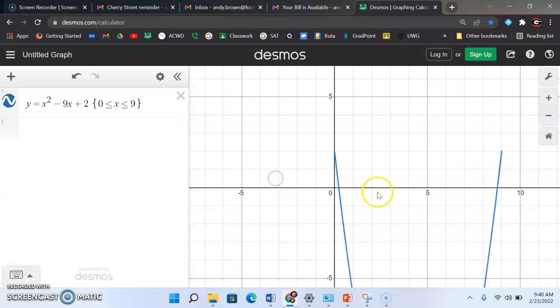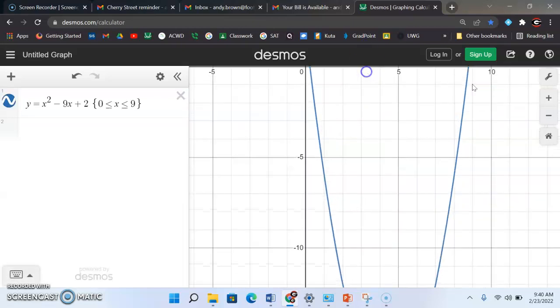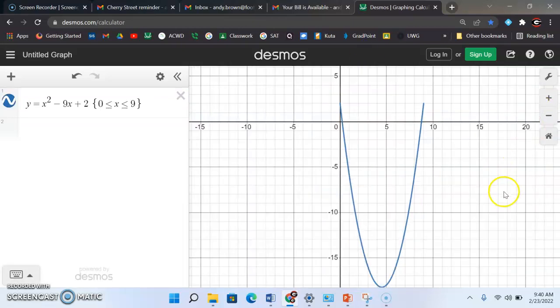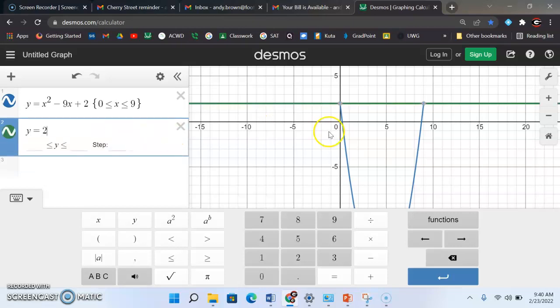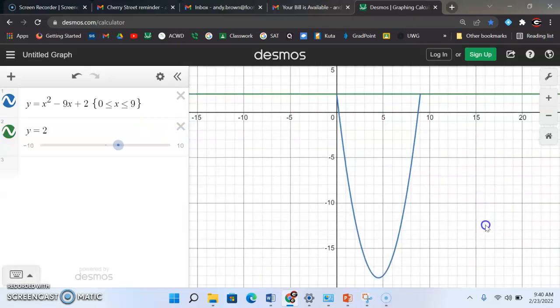It draws that piece. And I'm going to zoom out a little bit. So for Rolle's theorem, what you'll always be able to do is connect the endpoints with a horizontal line. For this one, we found it to be 2. So y = 2. You can see that green line there. That will always happen for Rolle's theorem. The mean value theorem it won't, but it will for Rolle's theorem.